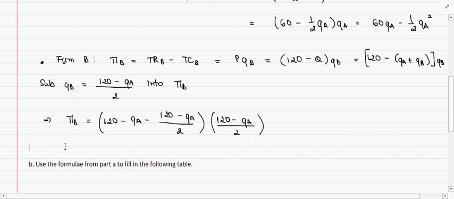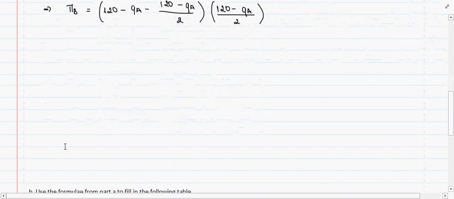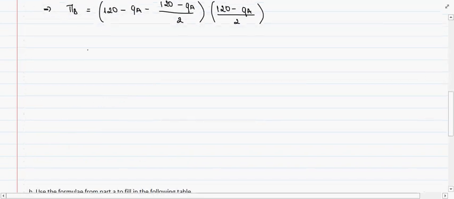Okay, so if now I simplify this, I'm going to get 120 minus QA minus 120 minus QA over a half. So that is going to give me 120 minus QA over a half. Okay, and multiply by 120 minus QA over a half again.